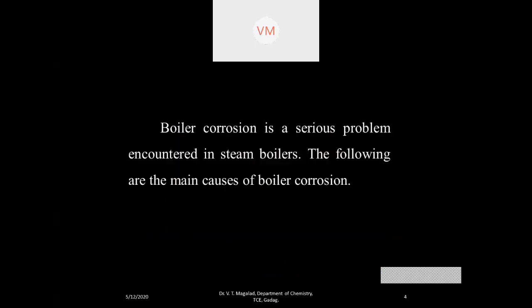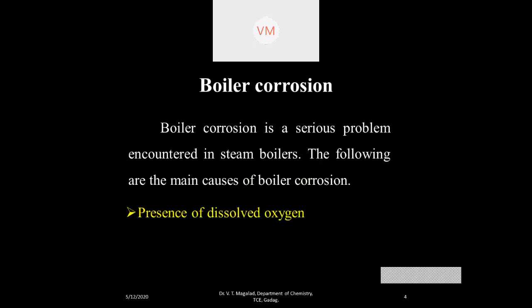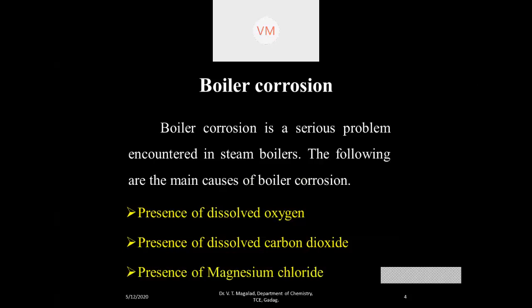For a boiler to corrode, there are several reasons, but the main ones are the presence of dissolved oxygen, dissolved carbon dioxide, and magnesium chloride. You may be wondering how the presence of oxygen leads to boiler corrosion.